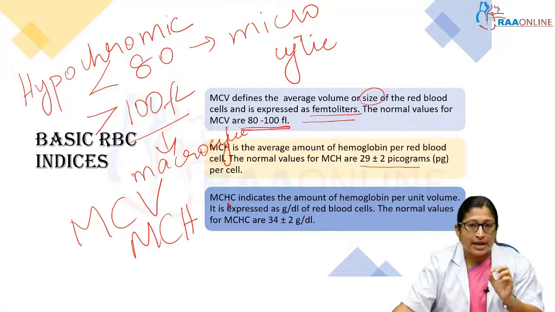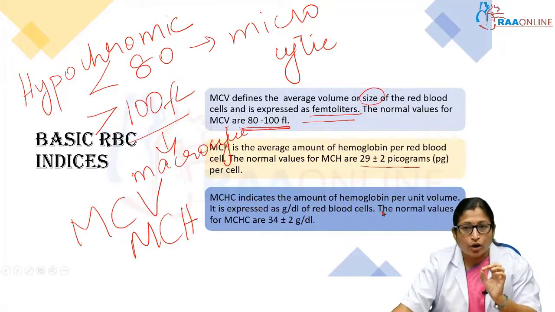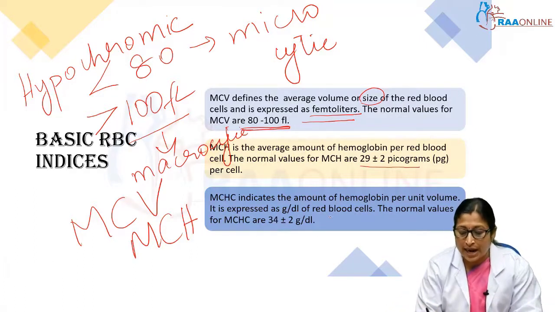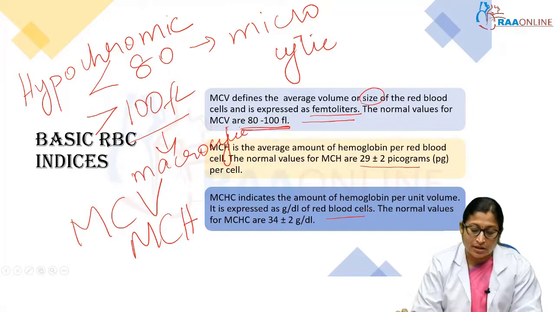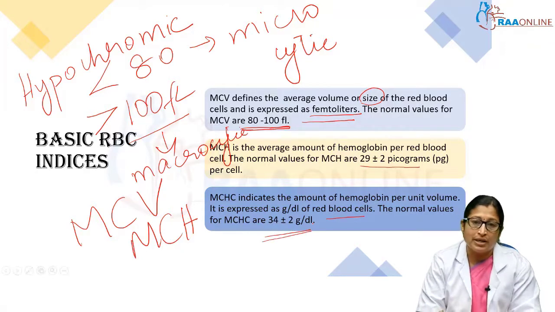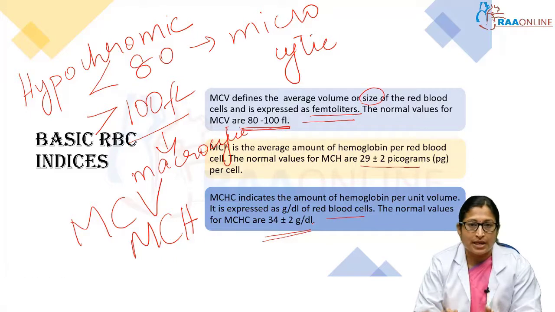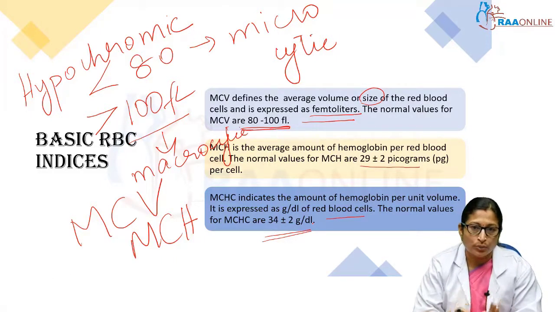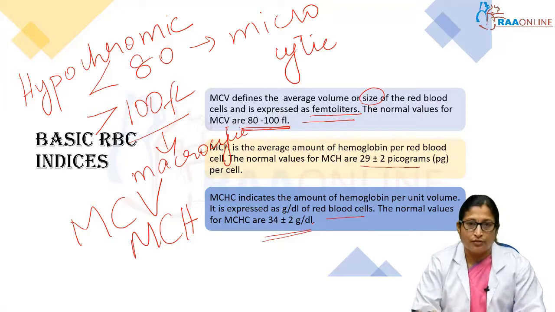So MCHC is defined as the amount of hemoglobin per unit volume, expressed as gram per deciliter of RBC, and the normal value is 34 plus or minus 2 gram per deciliter. Again, if MCHC is low, similar to MCH, the cells are hypochromic in nature. That's what we understand from MCV, MCH and MCHC.